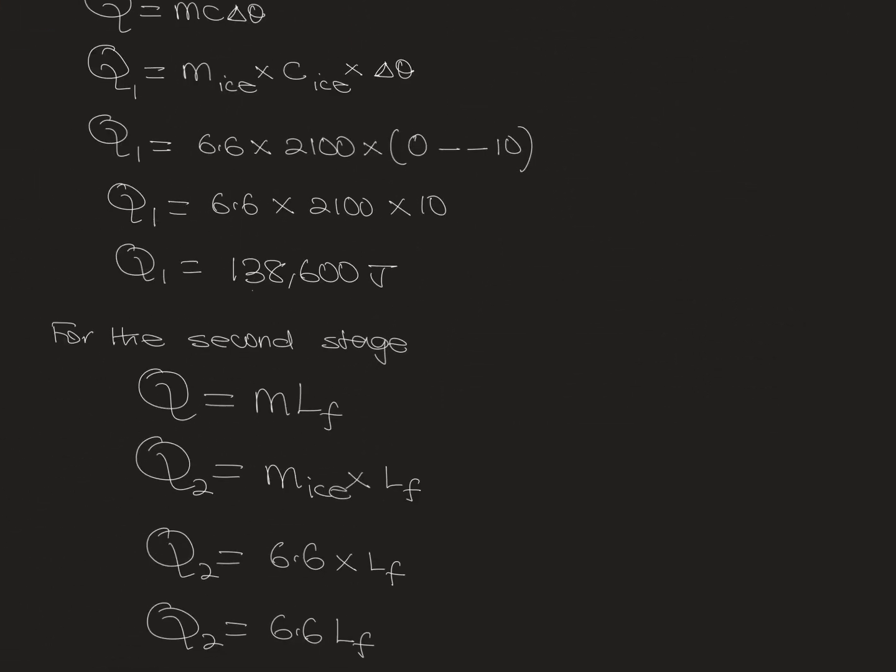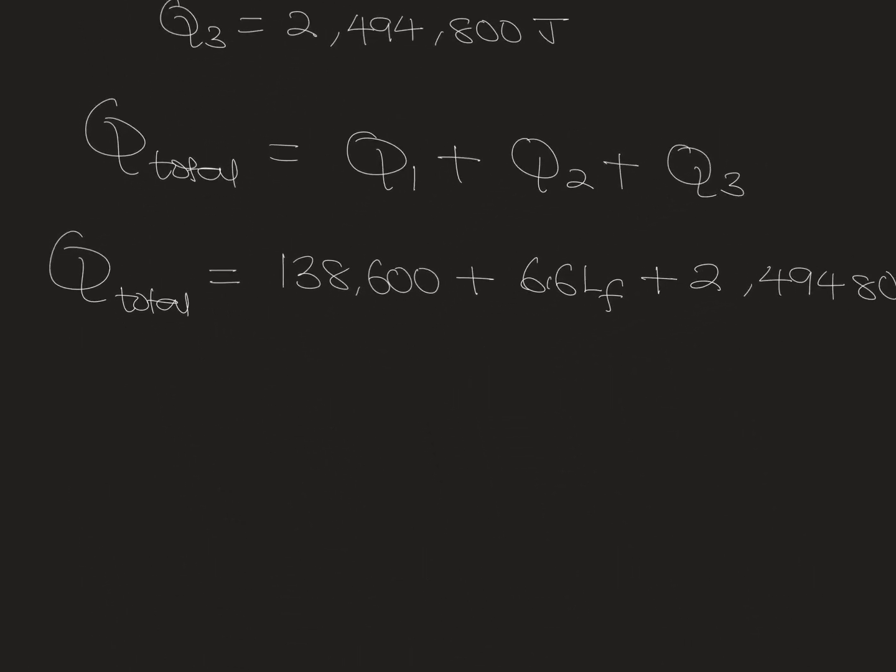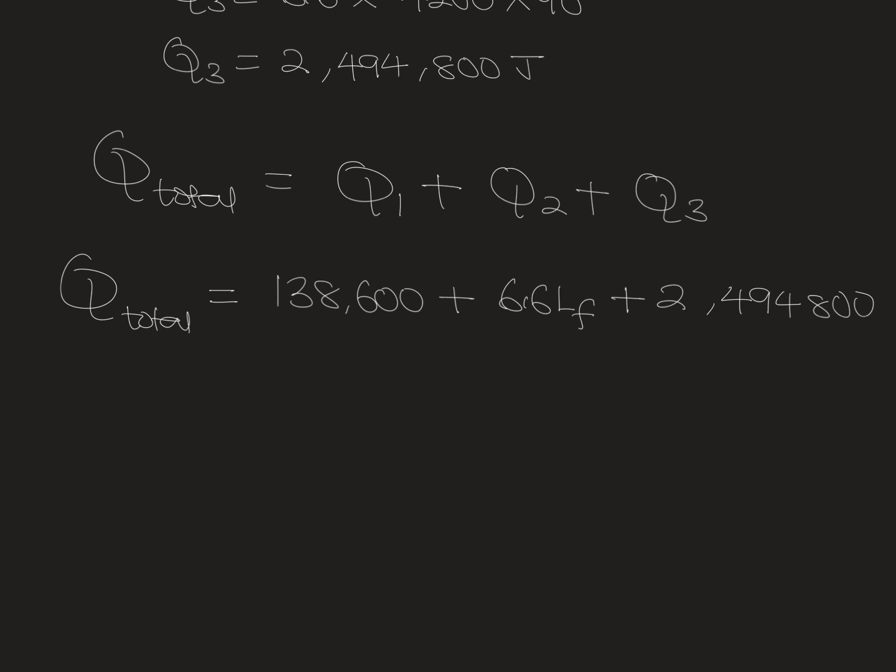So in the place of Q total, we can use V squared multiplied by T divided by R.